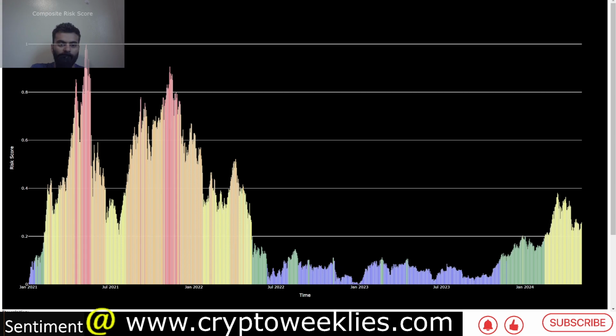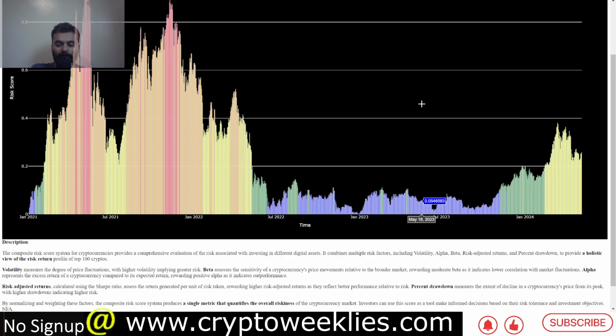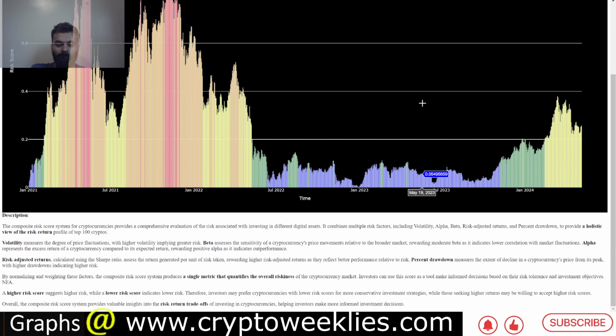This is our normalized crypto risk, overall riskiness. And what goes into this is several multiple risk factors, such as volatility, alpha, beta, risk adjusted return, percent drawdown, to provide a holistic risk return profile for the top 100 cryptos. You can read all of why all of these individual risk metrics or the risk factors are included, and what we reward and what we punish.